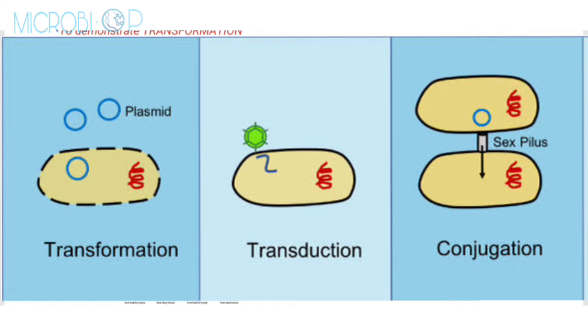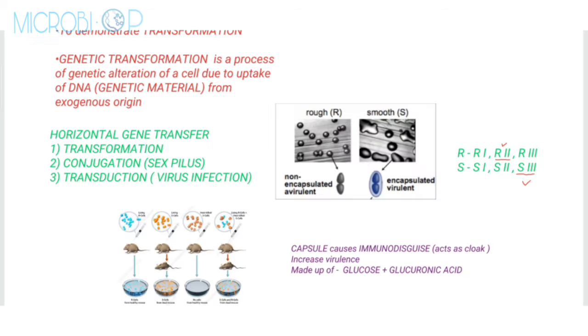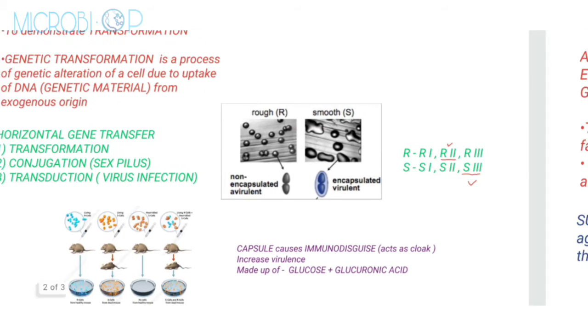And in transduction, we know bacteriophages, or viruses. Viruses are mainly made up of only a protein coat and genetic material. The bacteriophage puts its genetic material inside the bacteria and hijacks its machinery to produce virions.